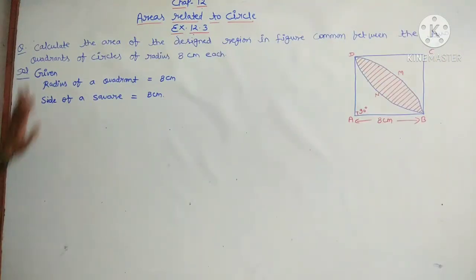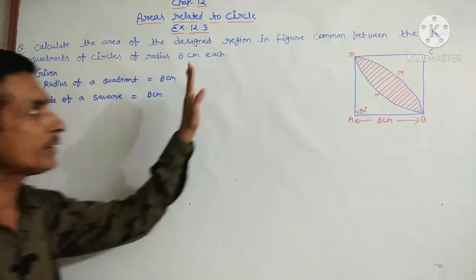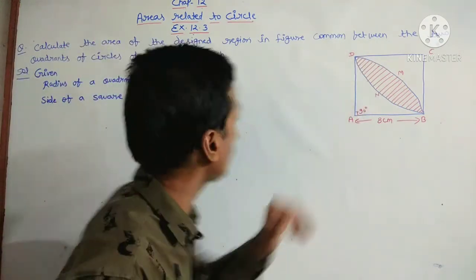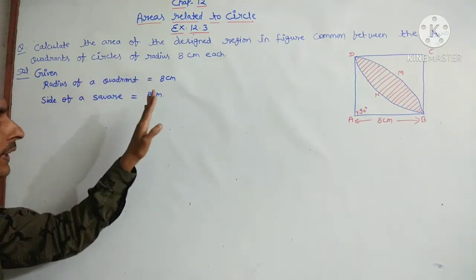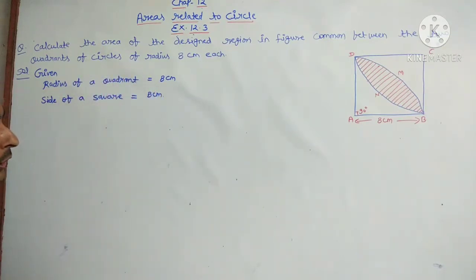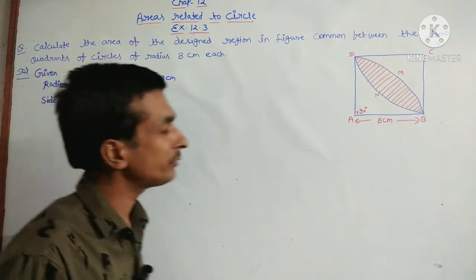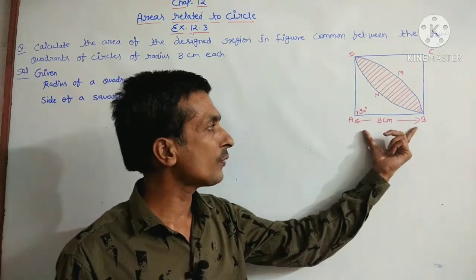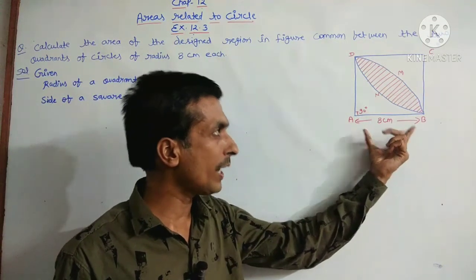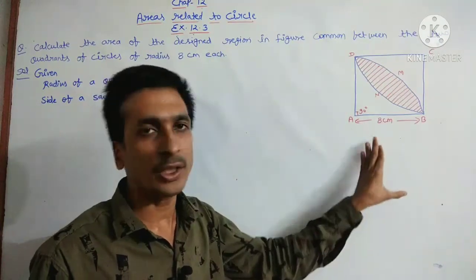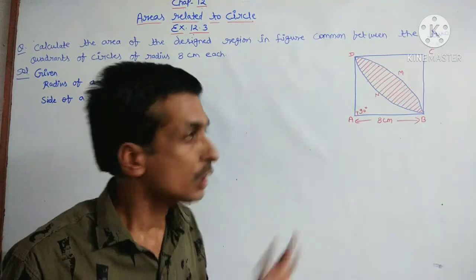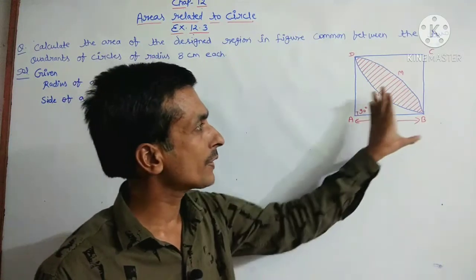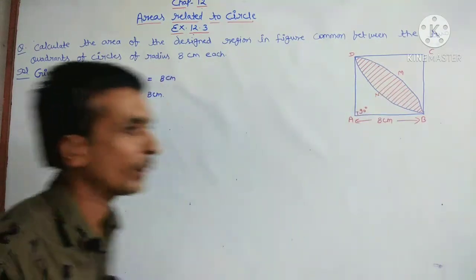Next question: calculate the area of the designed region in the figure, common between the two quadrants of circles of radius 8 centimeter each. In this question, the side of a square is equal to 8 centimeter, and the radius of a quadrant of a circle is also 8 centimeter. Both are equal. So we have to find the area of the shaded region. How to find? Look at this one.